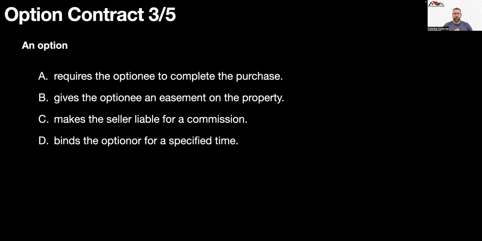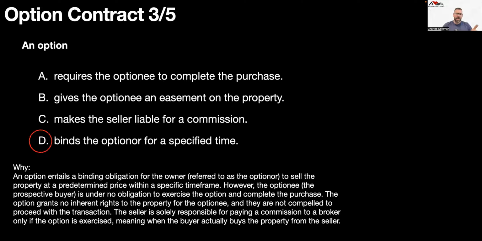Question number 3. An option binds the optioner for a specific time. All right, so that is the seller. An option entails a binding obligation for the owner, referred to as the optioner, to sell the property at a predetermined price within a specific time frame.